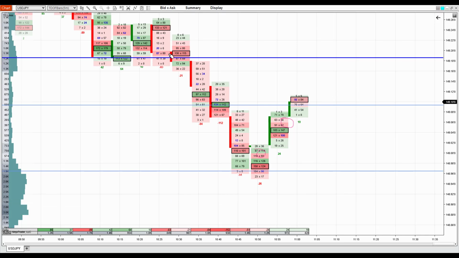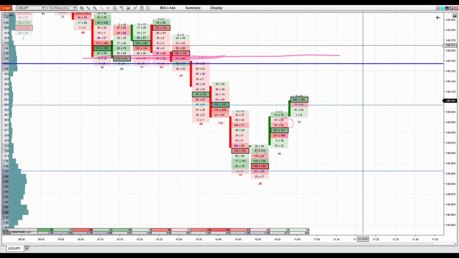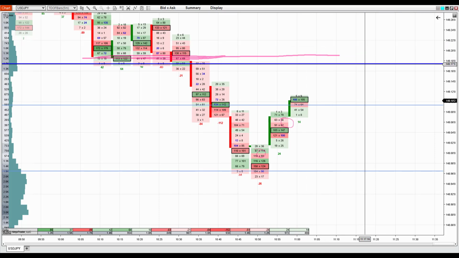And the second take profit would be in here, maybe a little bit sooner, just to make sure that it doesn't get missed, around 149.17. So let's see if the price makes it there. By the time you get this video, maybe the reaction will already be done and the price will have already reached this level. So check it out when you see the video.